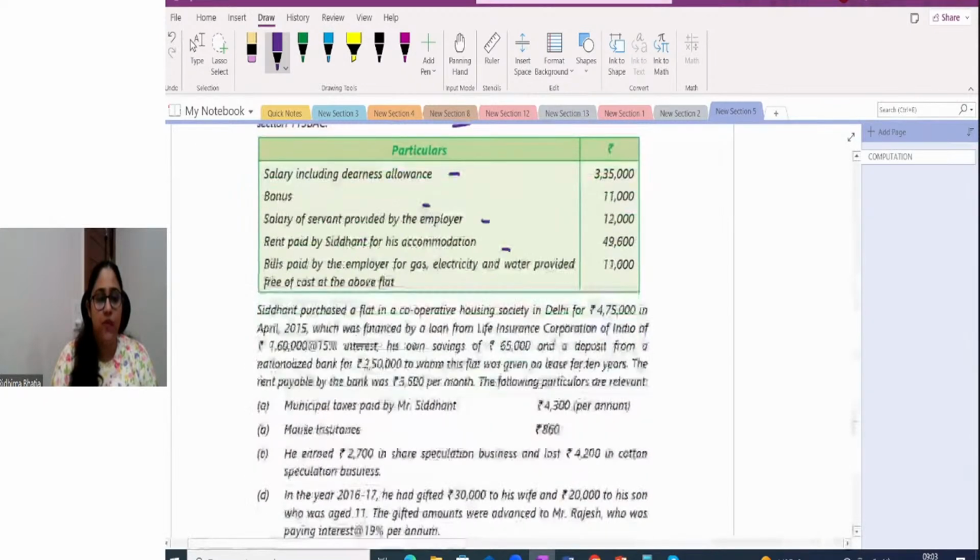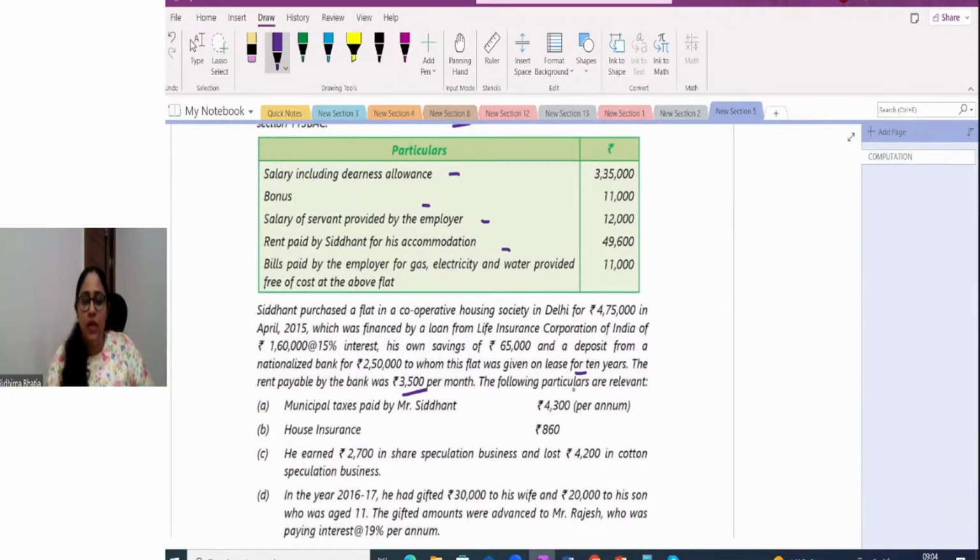Siddhant purchased a flat in a cooperative housing society for 4,75,000 in April 2015, which was financed by a loan from LIC of rupees 1,60,000 at 15% interest. His own saving was 65,000 and a deposit of 2,50,000 from a nationalized bank, to whom this flat was given on lease for 10 years. The rent payable by the bank was rupees 3,500 per month.